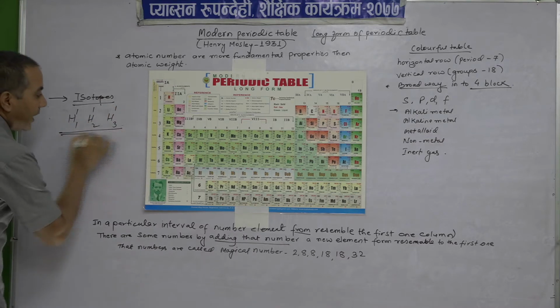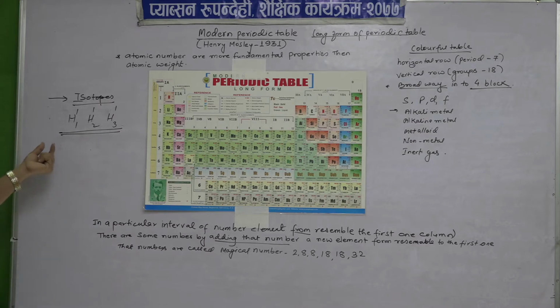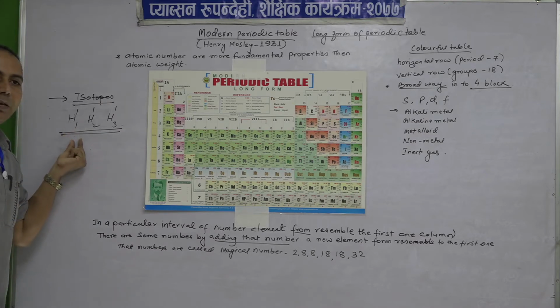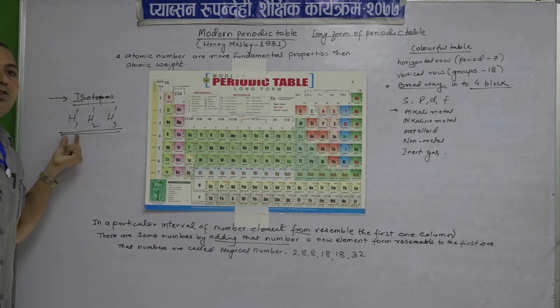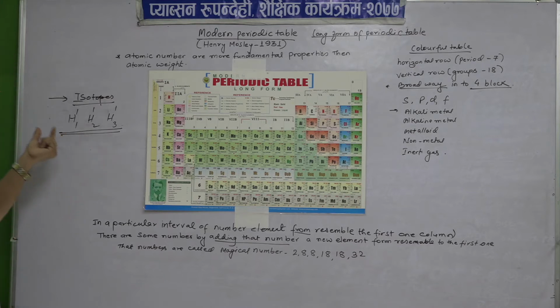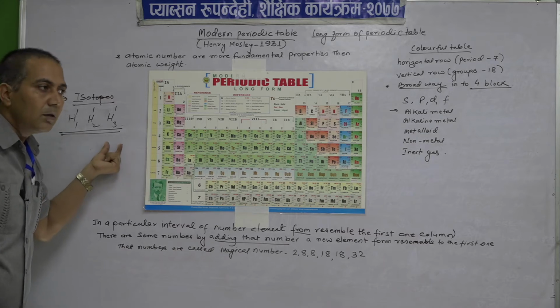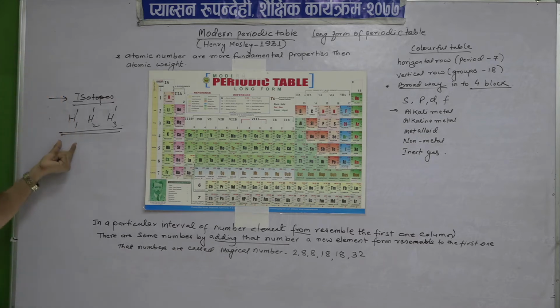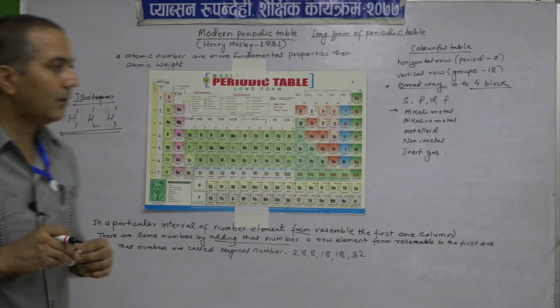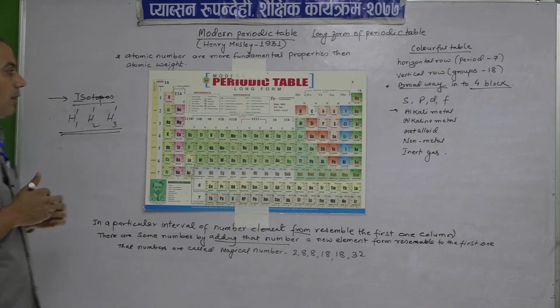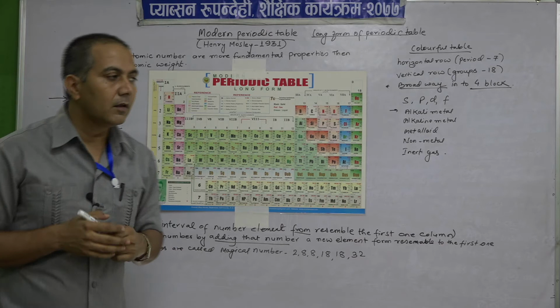Now where do we have to keep these? If atomic mass is taken, they should be placed in 3 different periods, in 3 different groups, but this was not explained by Mendeleev. So there is no position for isotopes in the Mendeleev periodic table. Then what is the next disadvantage?